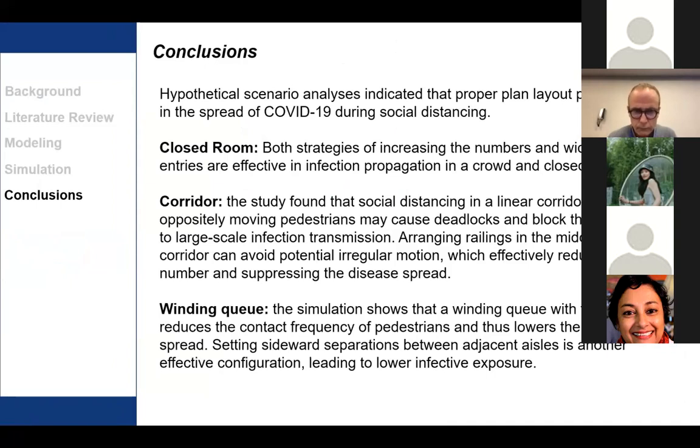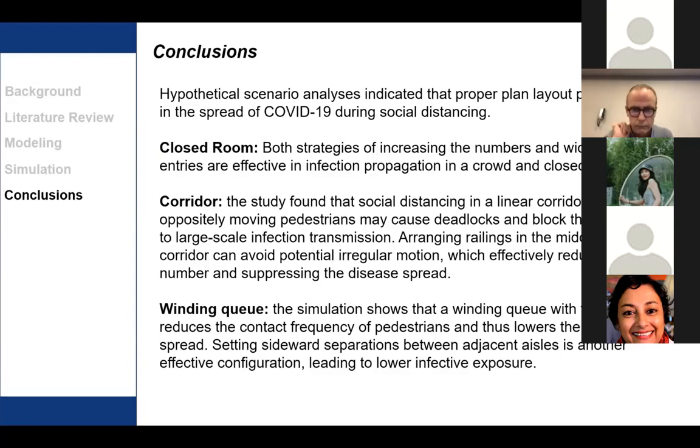For the corridor, the study found that social distancing used by oppositely moving pedestrians may cause deadlock and block the area, leading to large-scale infection transmission. Putting railings in the middle of the corridor can avoid potential irregular motion, which effectively reduces contact number and suppresses the disease spread.